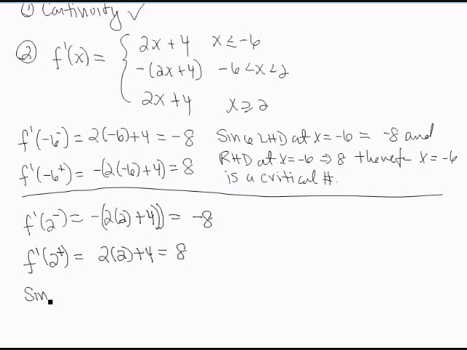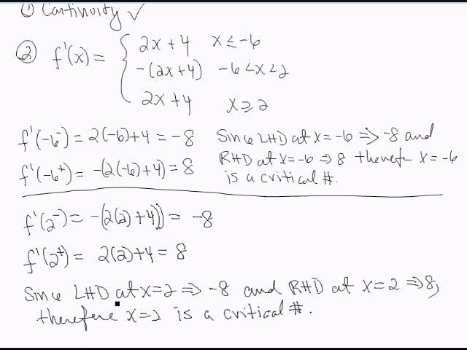So again, you can see the left-hand derivative at x equals 2 is negative 8. The right-hand derivative at x equals 2 is positive 8. Therefore, x equals 2 is a critical number. So here we got two critical numbers at 2 and at negative 6.